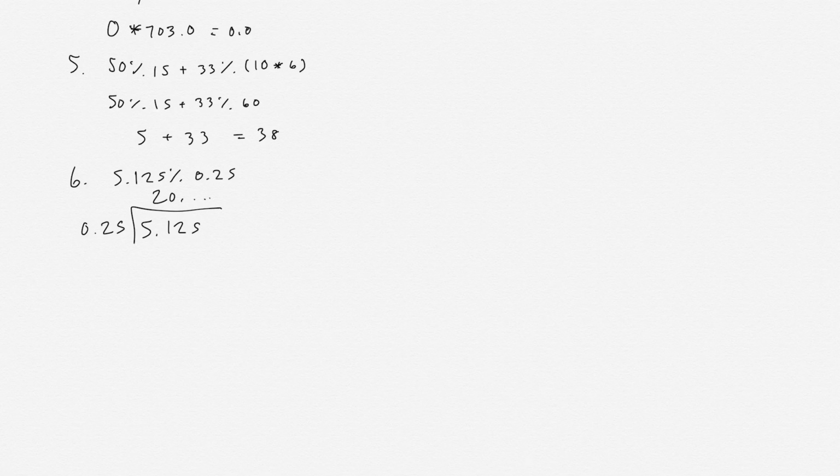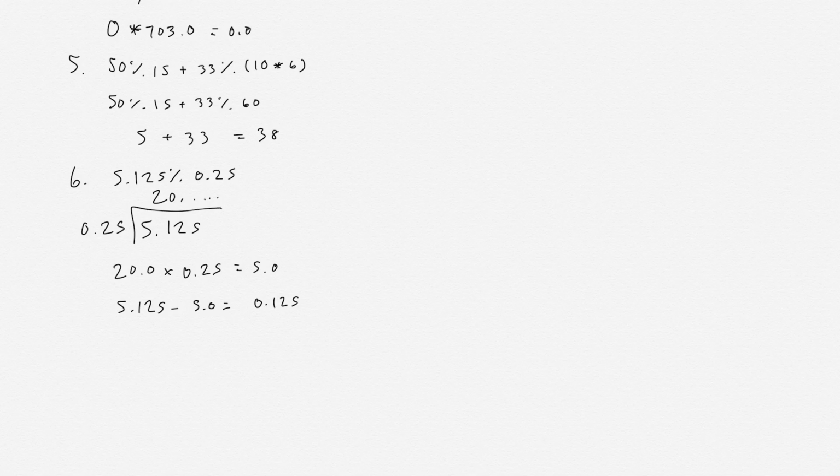So it's 20 point something, something, something. So what you could do is just take 20, let's just say 20.0, right? Multiply by 0.25, and you get 5.0, okay? You take 5.125, subtract 5 from it, and you get 0.125, right?